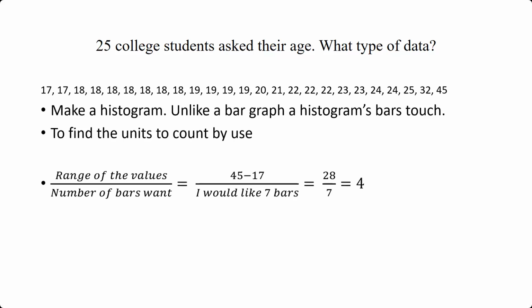So if we were going to draw this, the first thing I do is find my range. Remember, range is the largest one, 45 minus the smallest 17, which gets me 28. It's nice to have 5 to 10 bars. So I would pick a number that divides into the 28, which is 7. That's why I chose 7, because then I got a whole number.